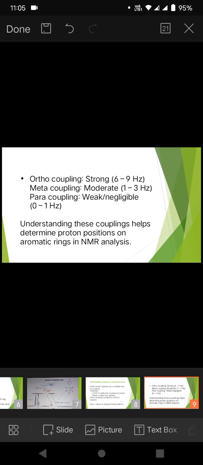Then meta coupling, which is moderate with a J value of 1 to 3 Hz, and the last one is para coupling, which is the weakest with a J value around 0 to 1 Hz. Understanding this coupling helps to analyze aromatic compounds in NMR more easily.